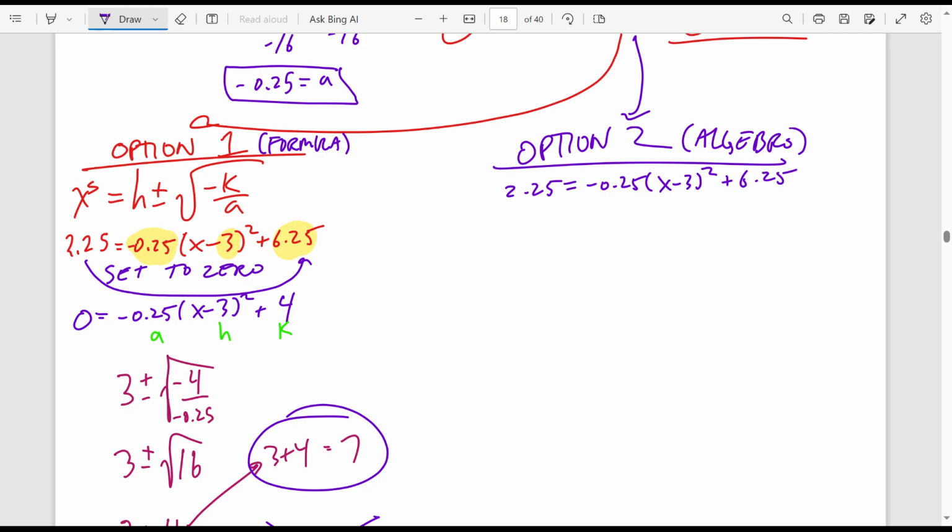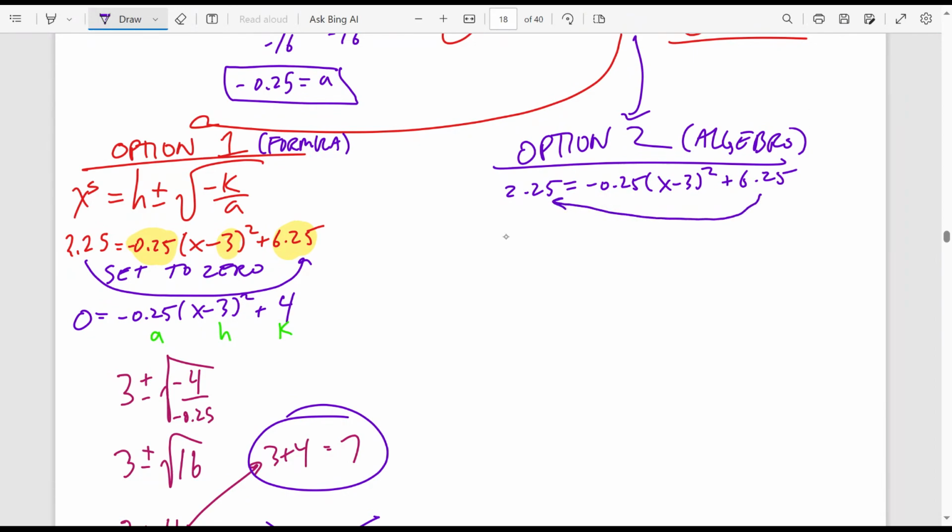Okay? So no difference in starting out. Now, here's the only thing that's different. Instead of setting to 0, we're going to get the k out of the way first. We're going to now work our way into that x. So instead of bringing this guy this way, we're going to bring the 6.25 this way. So it's a little bit backwards. So get that out of the way first.